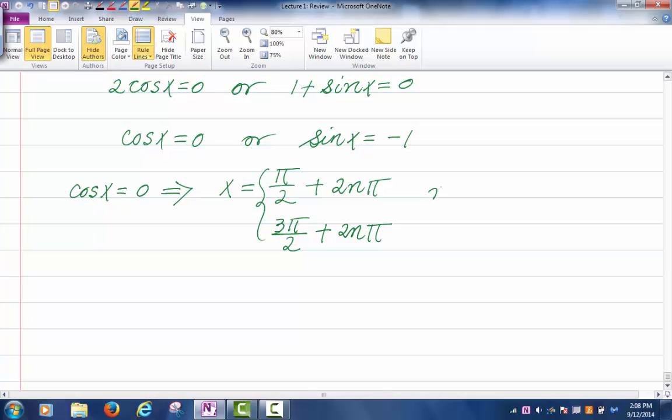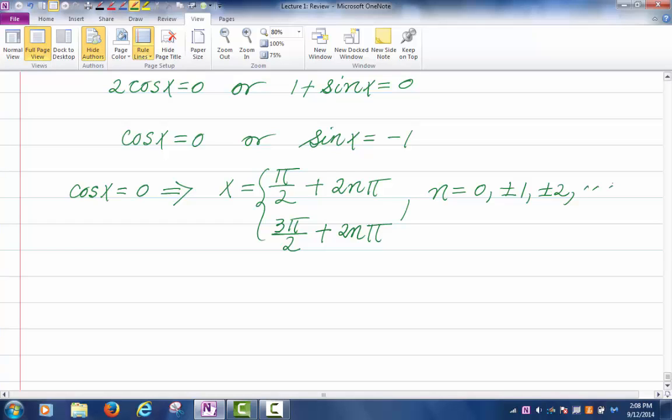So here, what is n? Here n represents an integer, so it could be 0, plus or minus 1, plus or minus 2, and so on. So these are all the solutions. There are infinitely many of them. Is everybody okay with that?